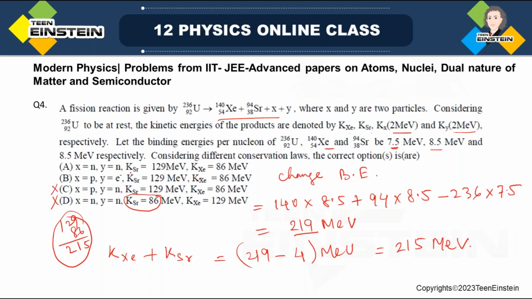So X can be neutron, or it can be proton, and kinetic energies are same. So now how to distinguish from here? If this X and Y are proton and electron, then what is the difficulty?